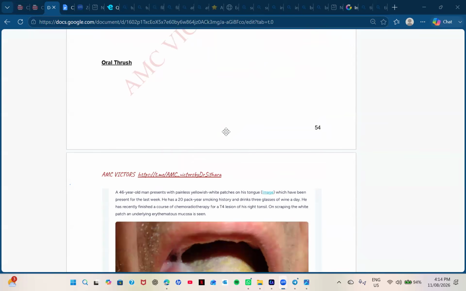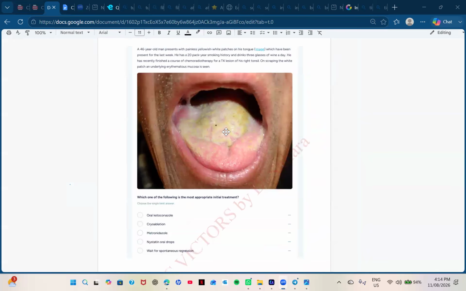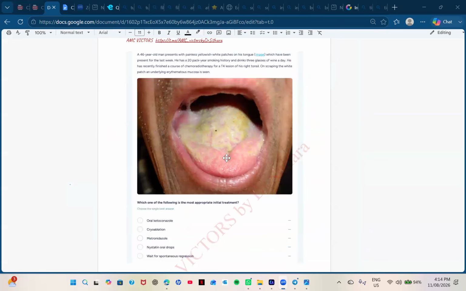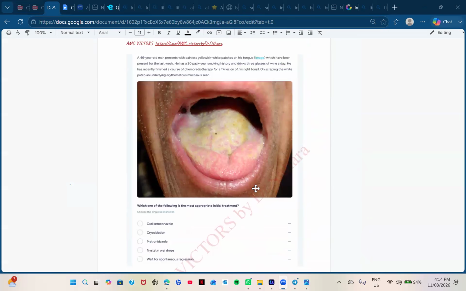Okay, next one, oral thrush. Every time they are asking, right? Oral candidiasis, this is the typical presentation. Last July they gave a weird question about recurrent oral thrush, and asked what to do next.